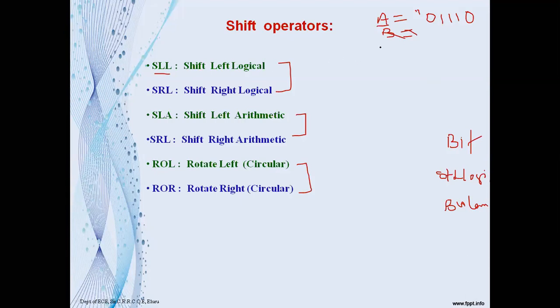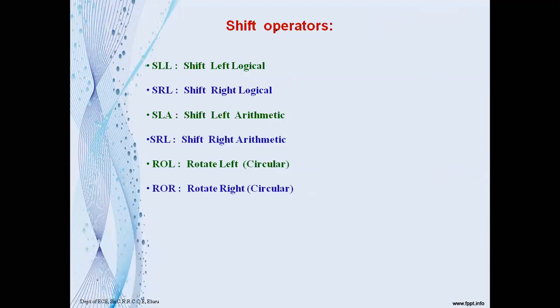So, as an example, define a signal A, which is defined as a bit vector.